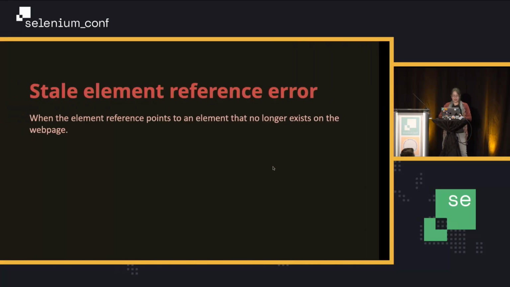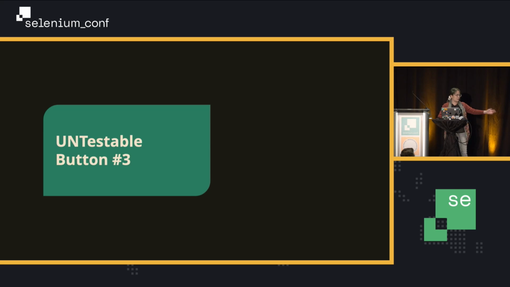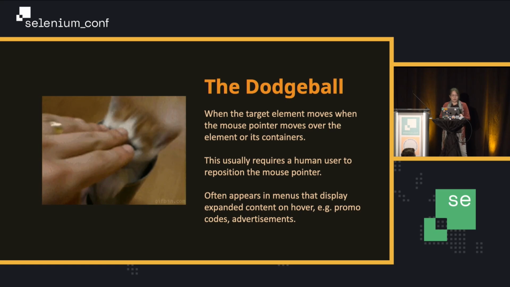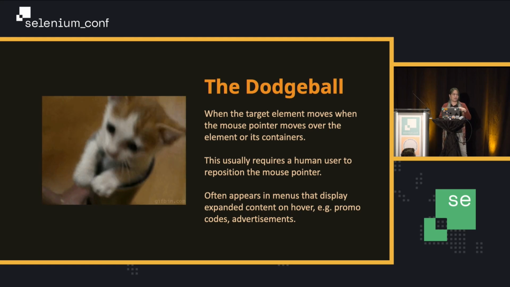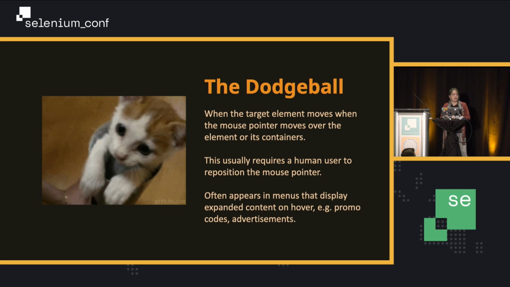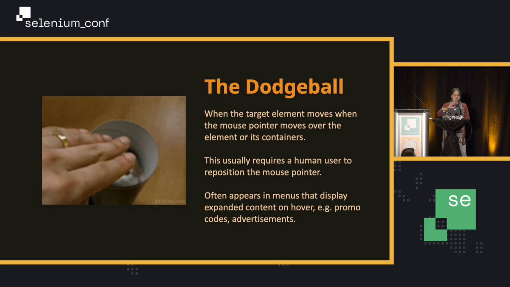Okay, so now let me show you the next untestable button. It's not technically untestable to vanilla Selenium, but it is untestable to the finger, and we need to upgrade our finger further to be more powerful. So this one, I call it Dodgeball, and I've seen this on a few websites where they want to show you a promotion, a hidden promotion or hidden advertisement.